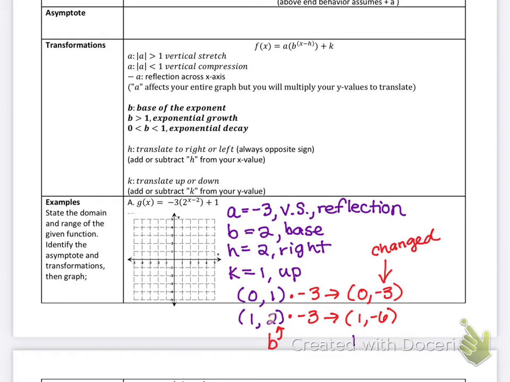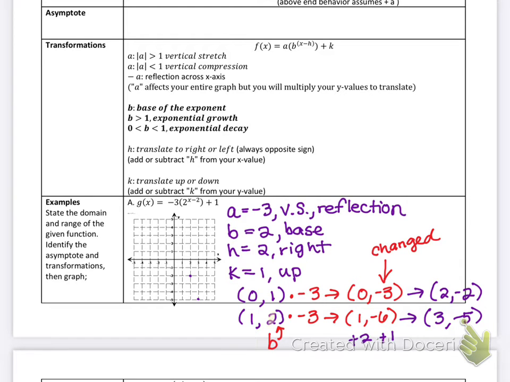Y. And so when we're doing this, we're going to add 2 since h is +2, and we're going to add 1 since k is +1. And so we're just going to add it to each of those values. So 0 + 2 is 2, -3 + 1 is -2, 1 + 2 is 3, and then -6 + 1 is -5. And so these become the 2 points that we're going to be graphing, okay?